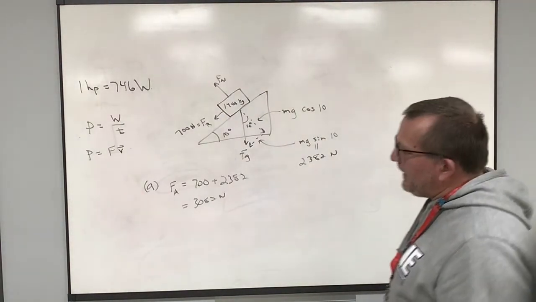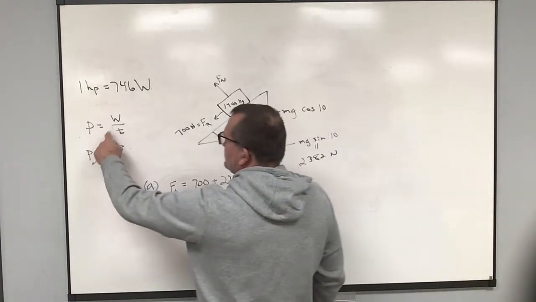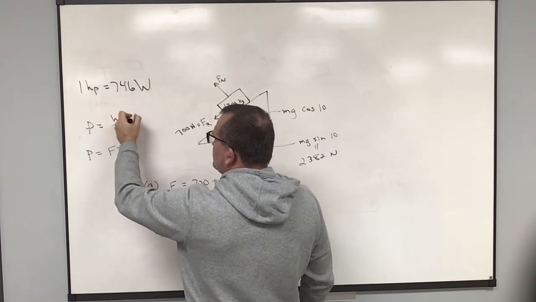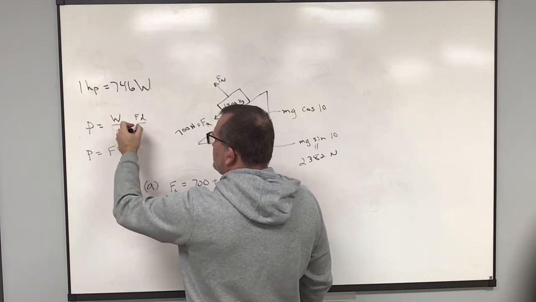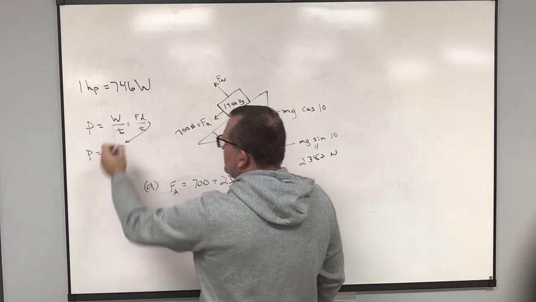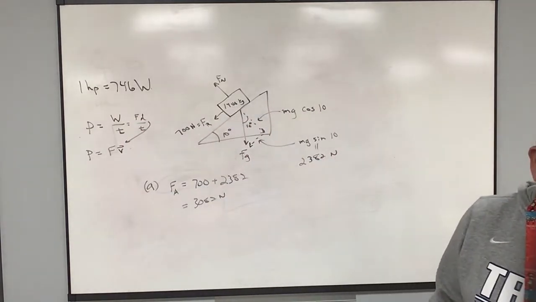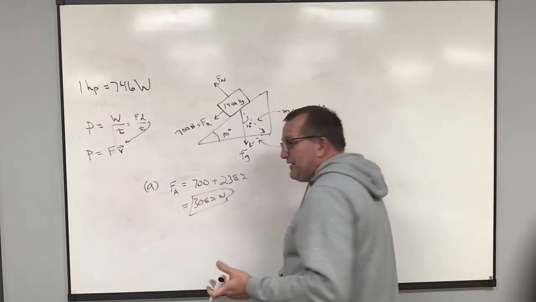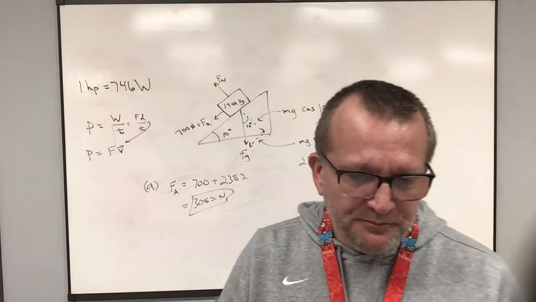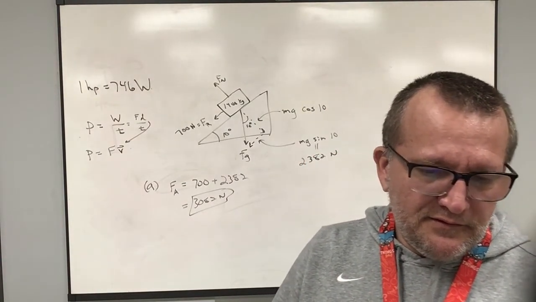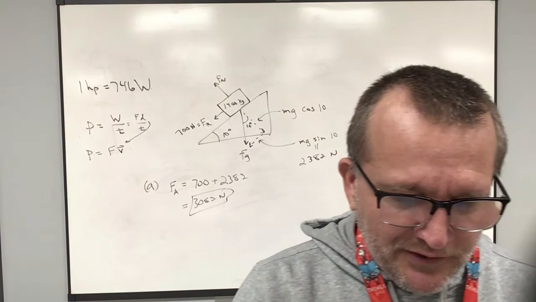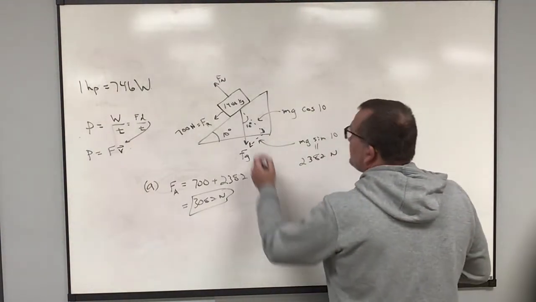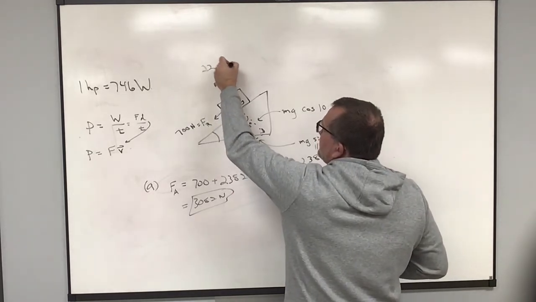Now, if we want to know the power, power is work divided by time. Work is force times distance, so power also is force times average velocity. We do have a force, and we do have a velocity. Our velocity is 80 kilometers per hour, so I want to quickly convert that to meters per second, which is 22.